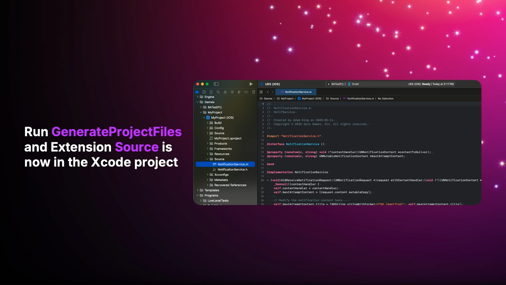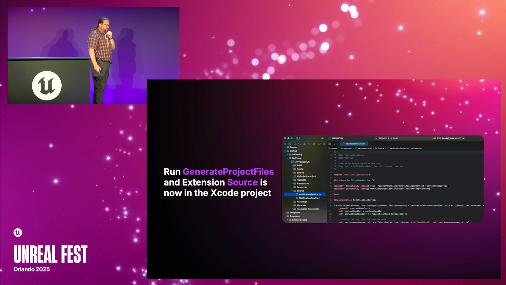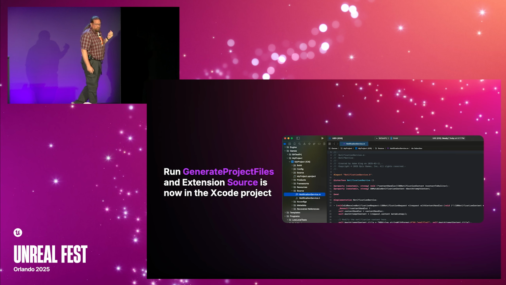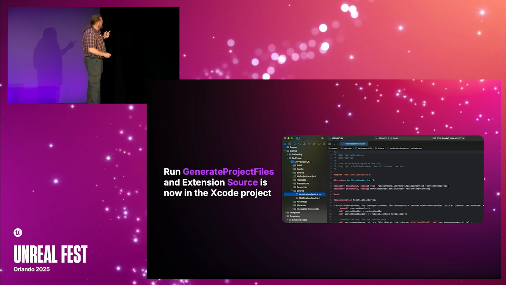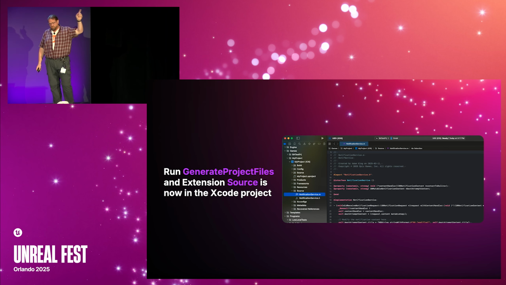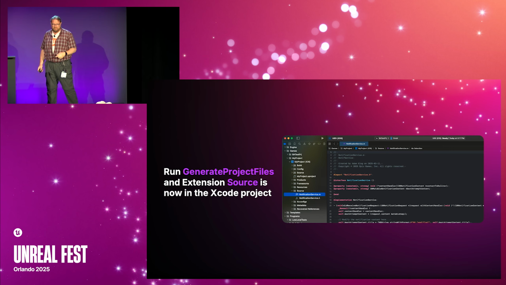And then you have to generate project files since it does update your project configuration. And the source will appear in the primary project location on Xcode. Or you can just go to Editor, Tools, Rebuild, Configuration.